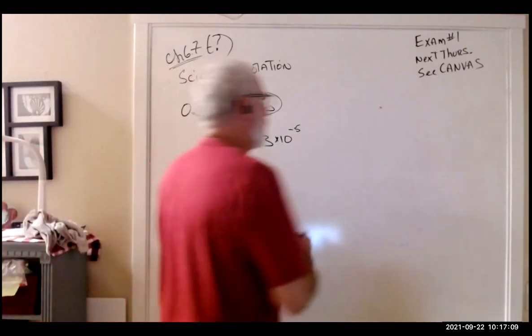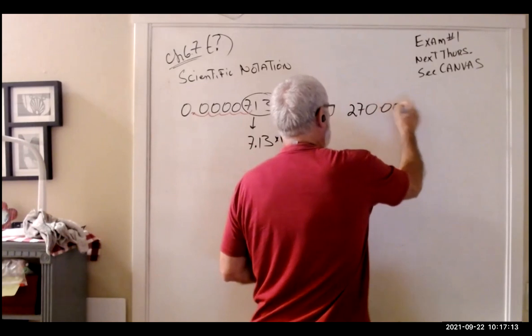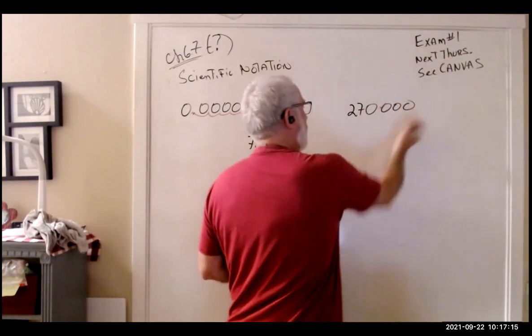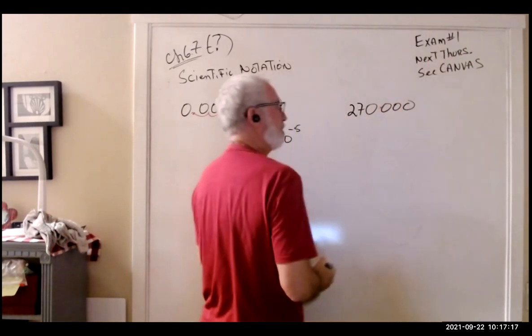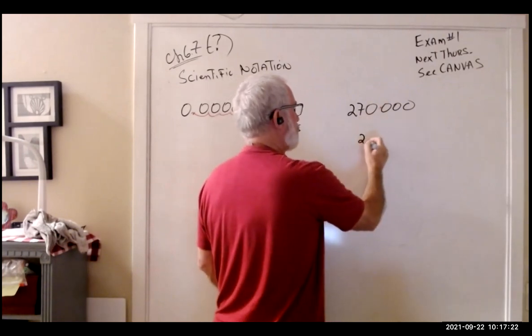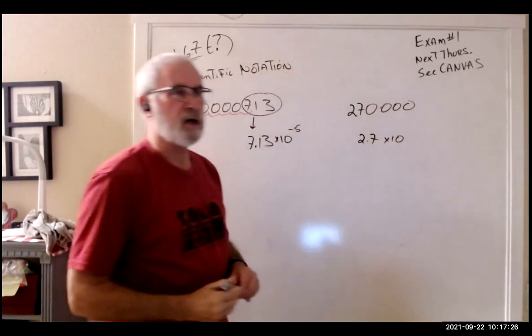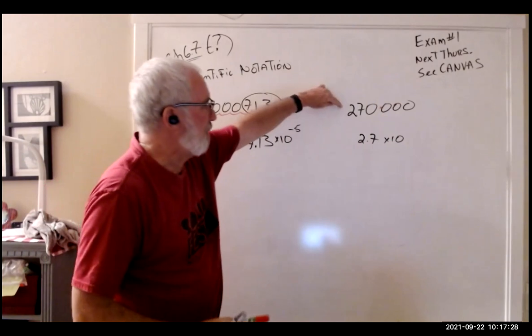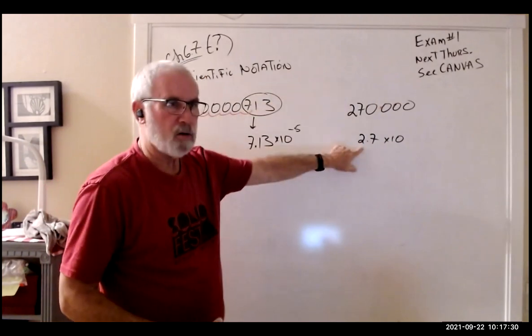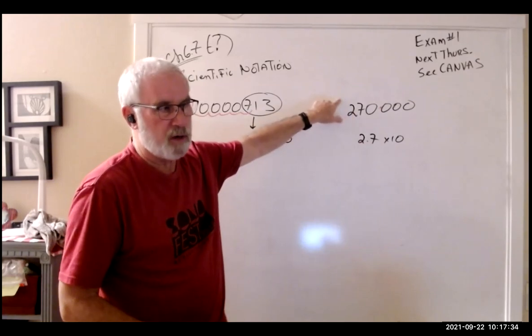Think about this. Go back to 270,000,000,000. That's a pretty big number. So you write it as 2.7 times 10 to something. And what you've done is you've made a big number small. 2.7 is small compared to this original number.